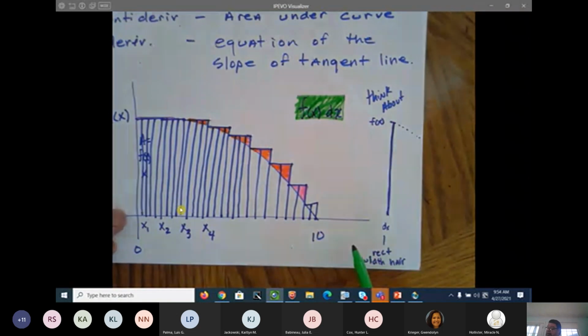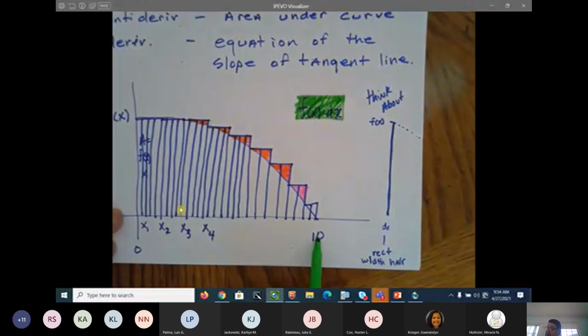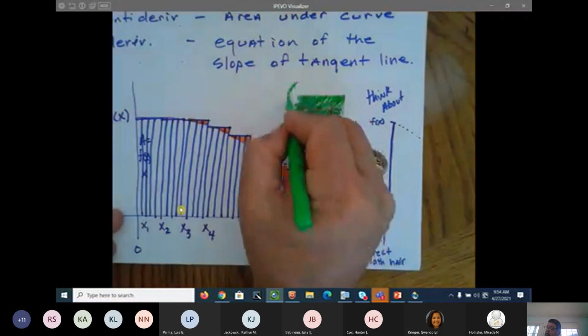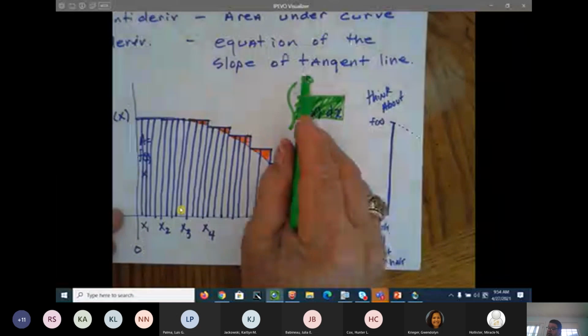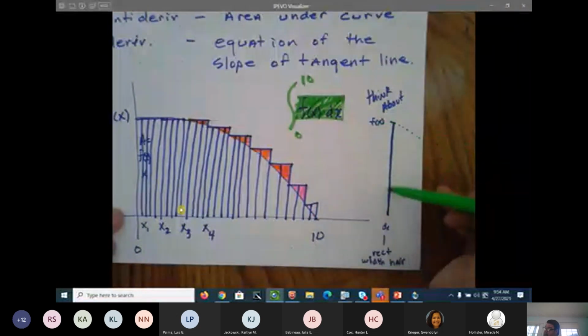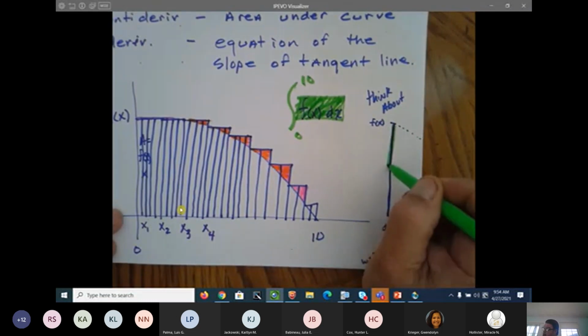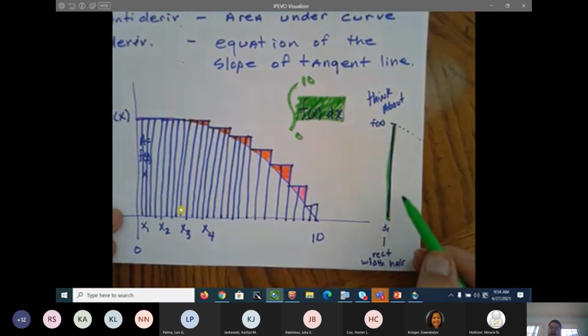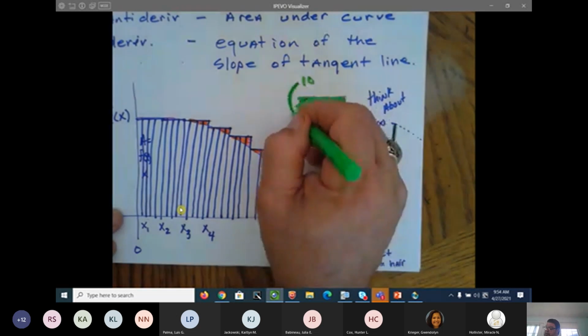Because what you're finding is, from 0 to 10, the antiderivative from 0 to 10 of f of x times dx. And you're finding the width of that hair. Now, how many hairs are between 0 and 10? Oh, it could be millions. That's where the antiderivative comes in.